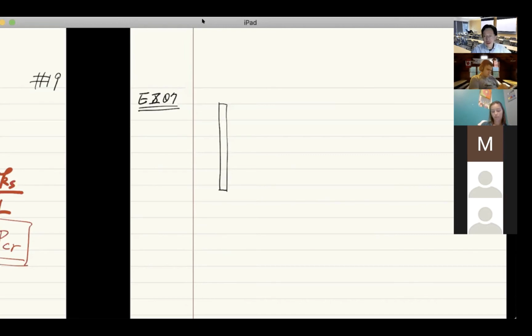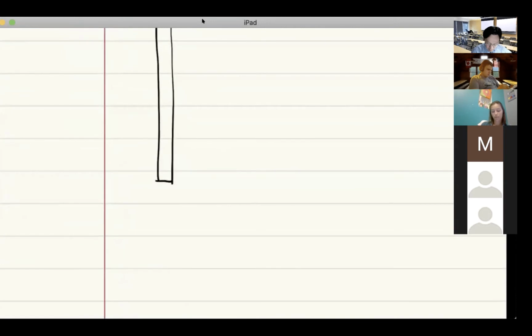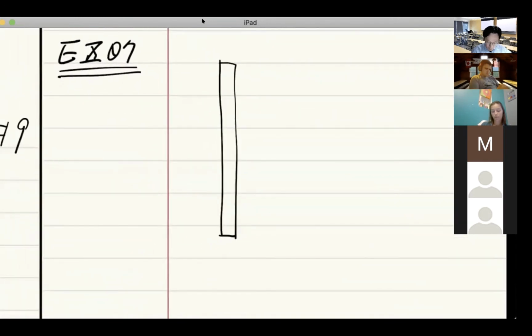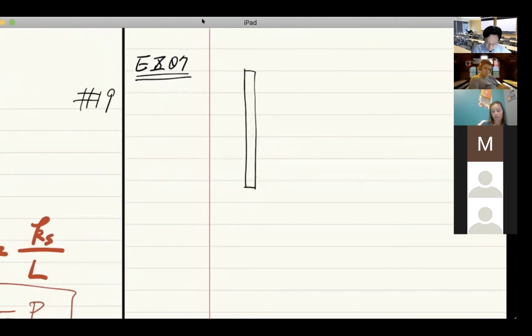And the column is supported by a pin and a roller, which means there's a hinge support here, and there's a roller support here, like that.